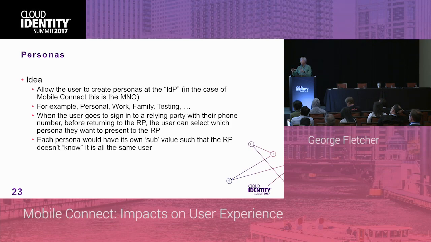This does also matter because the phone number, if the relying party were to get it, could be a global correlating identifier. This persona model would actually allow you to effectively give pairwise pseudonymous identifiers for each persona and stop correlation, both within the relying party itself as well as across relying parties.